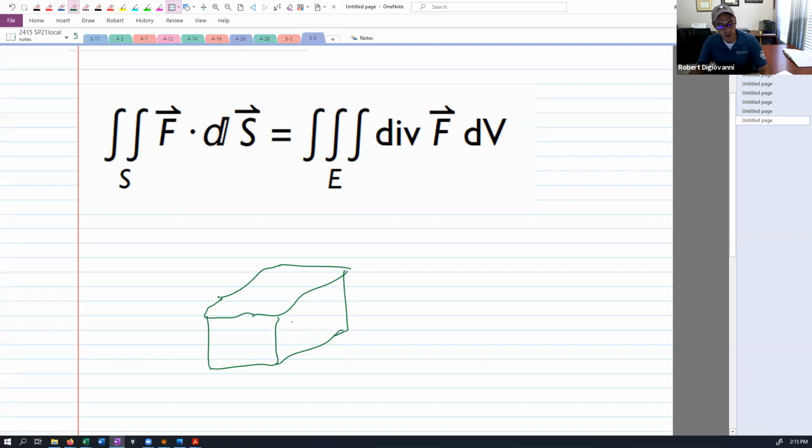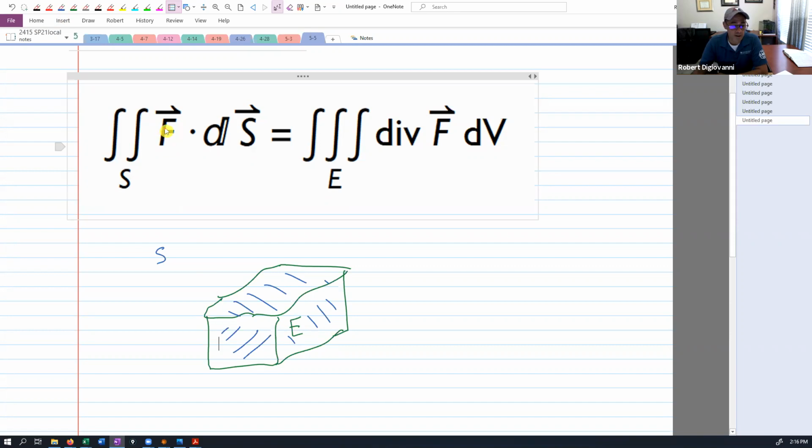We call this solid E. If E is a solid and S is the surface that goes around this solid, so it encloses E, then the flux over the surface is equal to the triple integral over the solid of the div of F. This very important theorem says that if you want to know about the flow through the surface of the outside of something, then what you need to do is calculate the sum of the div.